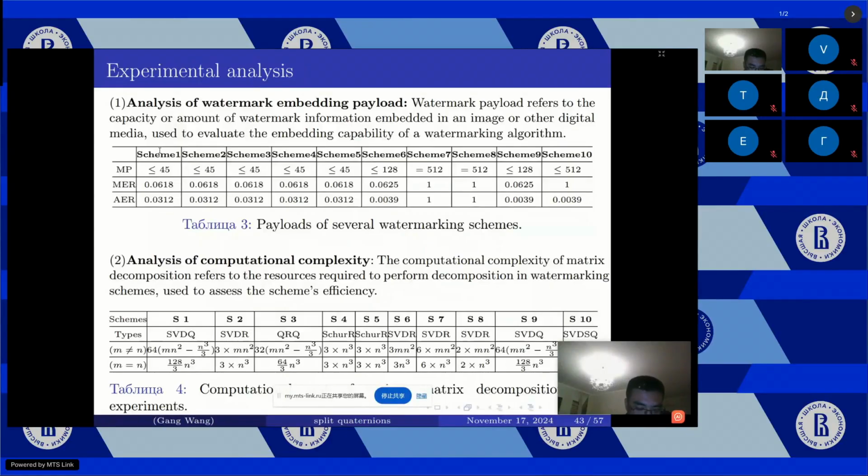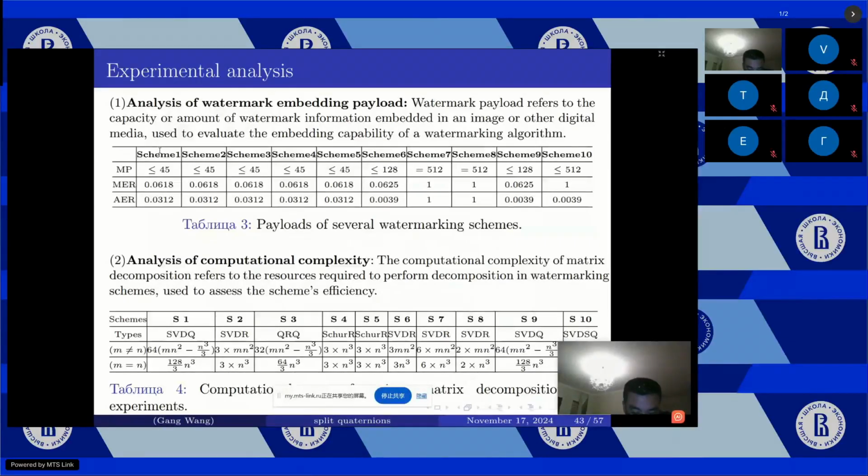Taking scheme 6 as an example, a host image with a resolution of 512 pixels can accommodate a maximum watermark size of 128 pixels, resulting in a maximum embedding rate of approximately 0.0625. In addition, since our watermark scheme only requires that the watermark size does not exceed the size of the host image, the maximum embedding rate is 1.